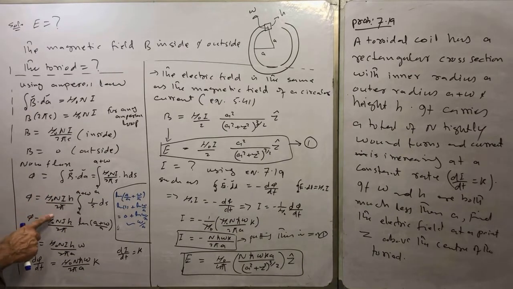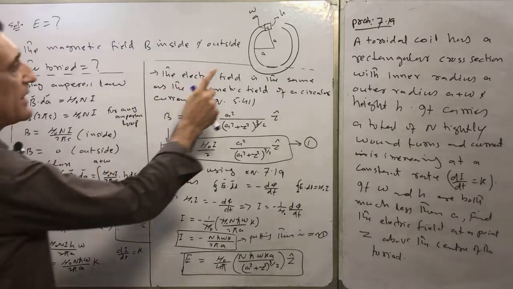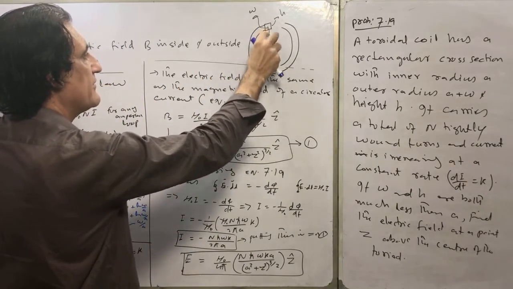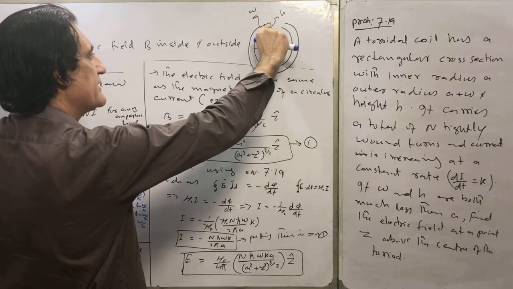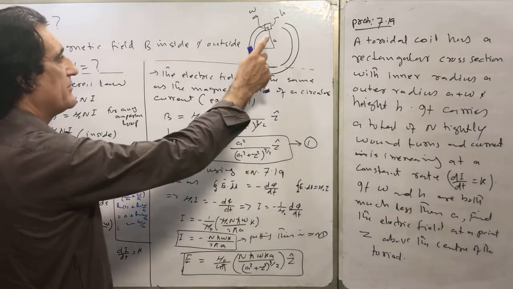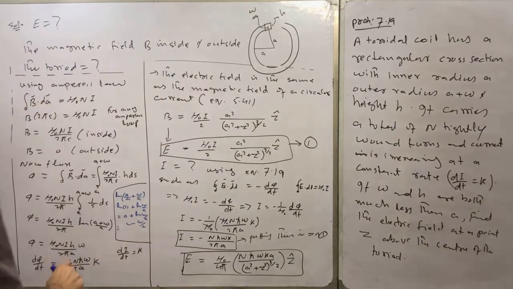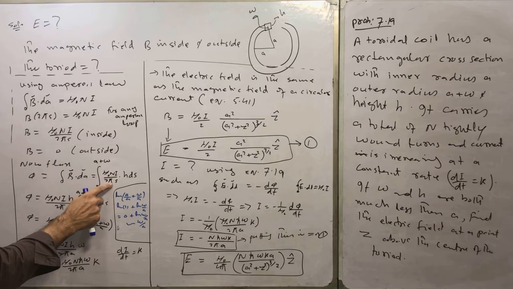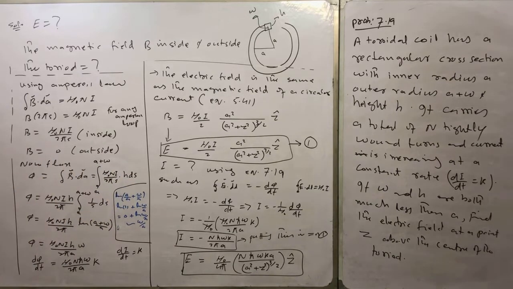Then we must integrate this from a to a plus w, because a is the inner radius and a plus w is the total radius of the toroid. So we integrate mu naught N I divided by 2 pi, times h ds over s, and all the other things are constant.